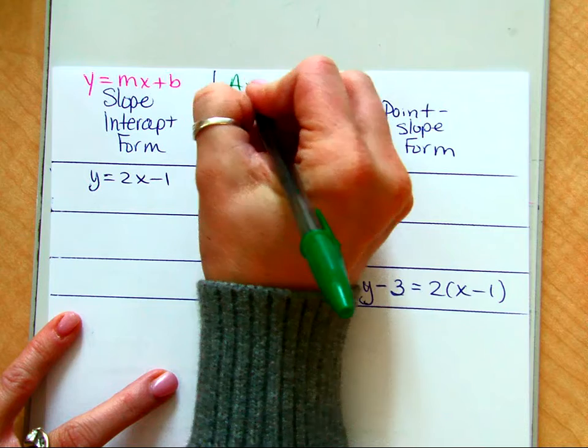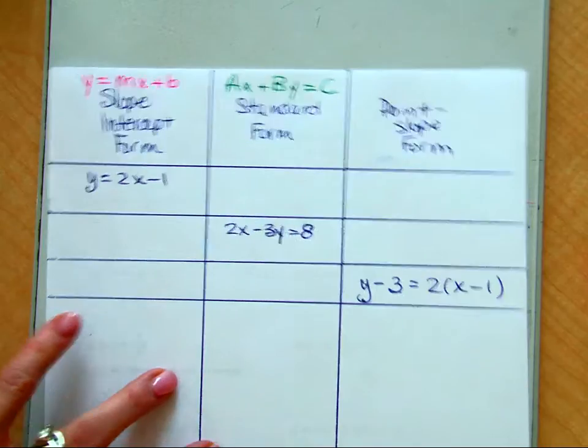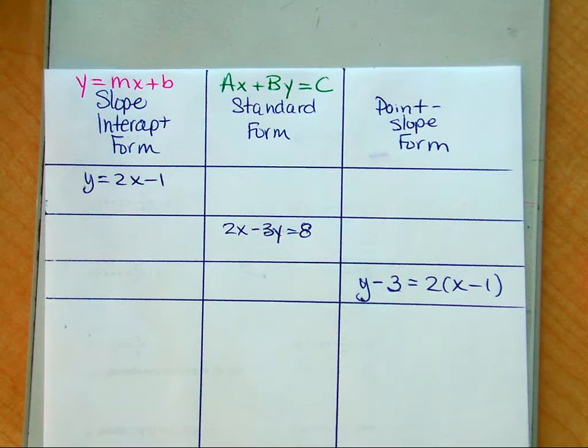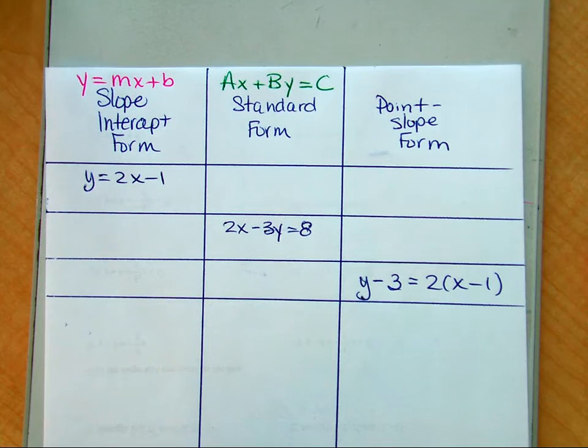It's the x term, the y term, and then the constant. The a and the b just stand for coefficients. So you have an x term, the y term, the equal sign, and then the constant. And when it's in that form, it doesn't matter whether it's a plus or minus, it is in standard form.